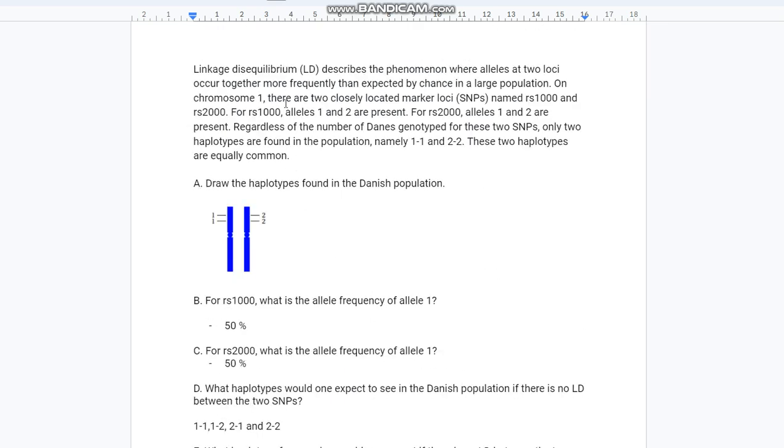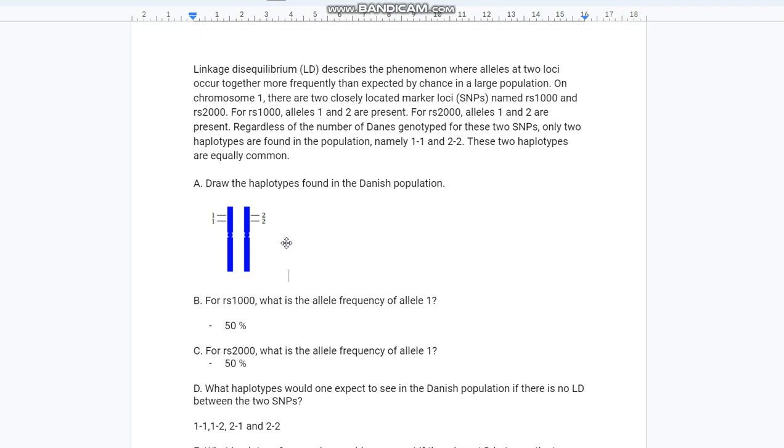Because for the Danish population, the haplotypes found are these two, and these two haplotypes are equally common.